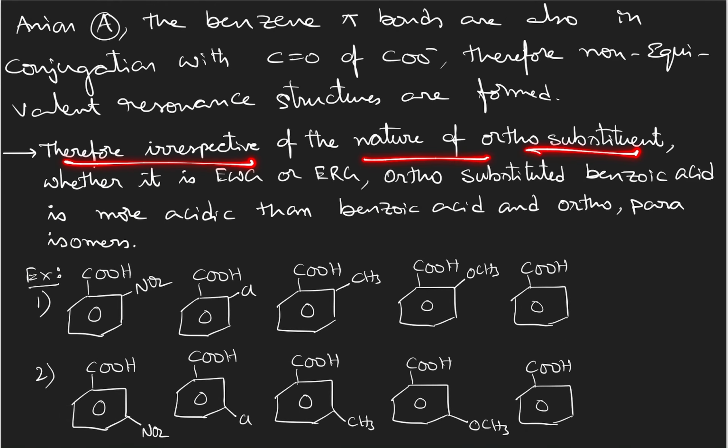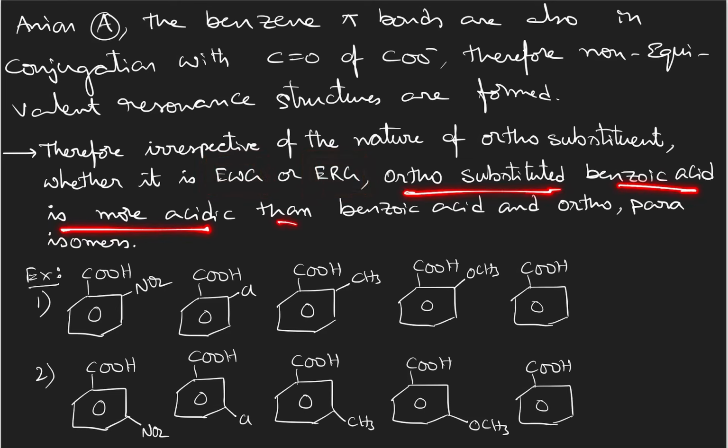Irrespective of the nature of the ortho substituent, whether it is EWG or ERG, ortho substituted benzoic acid is more acidic than benzoic acid and also than meta and para substituents. EWG means electron withdrawing group, like negative inductive effect, negative mesomeric effect, and ERG is an electron releasing group, like positive mesomeric effect, positive inductive effect, hyperconjugation, etc.